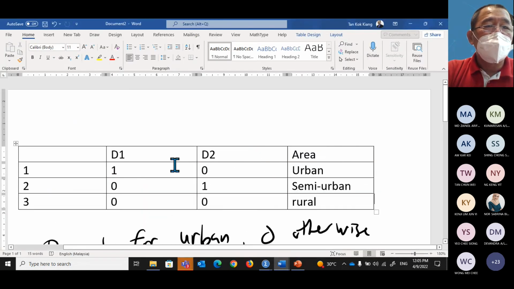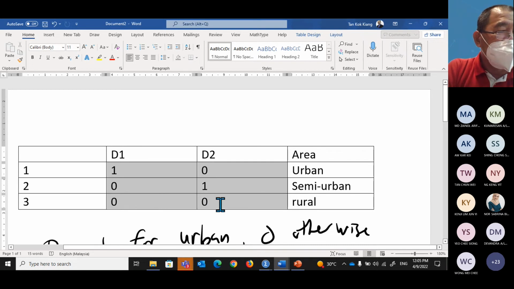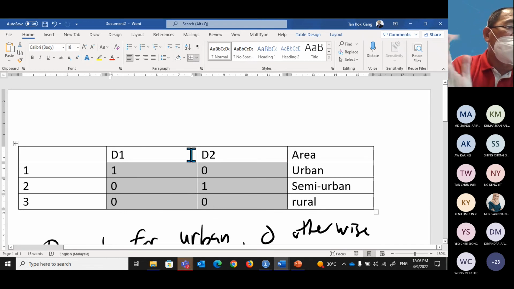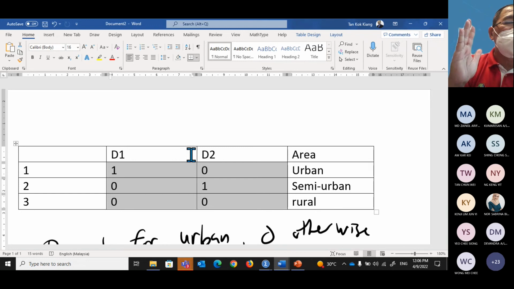Because we have two dummy variables, the combinations must be different: 1 0, 0 1, and 0 0. They cannot be 1 1, because 1 1 would mean the area is both urban and semi-urban. Does that make sense?